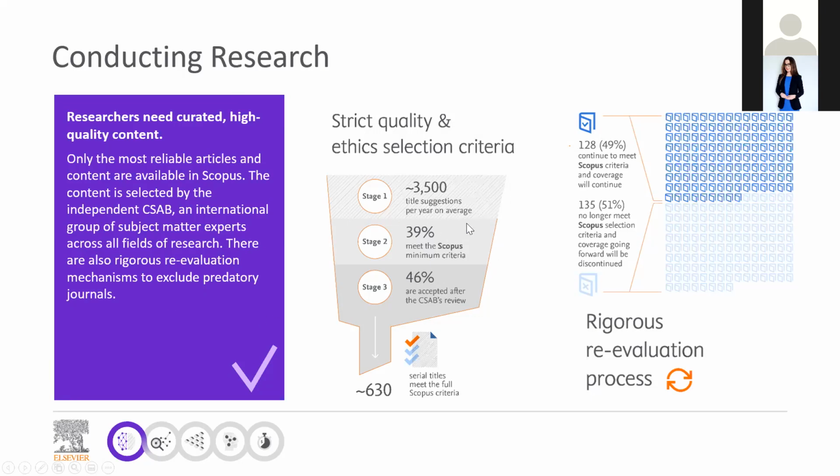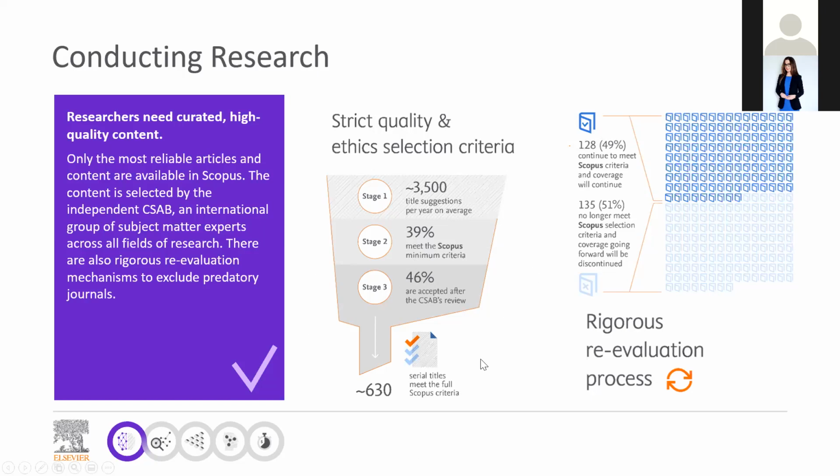Well, this is an example from last year. At the first stage, around 3,500 journals were suggested as ones that need the re-evaluation process. We checked them. Once again, this is information on how the quality selection criteria look the first time.